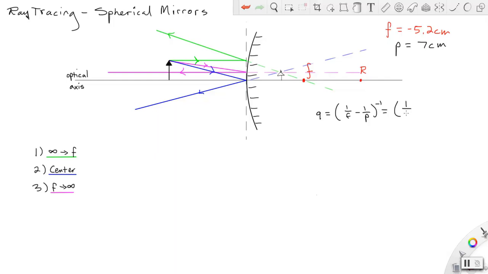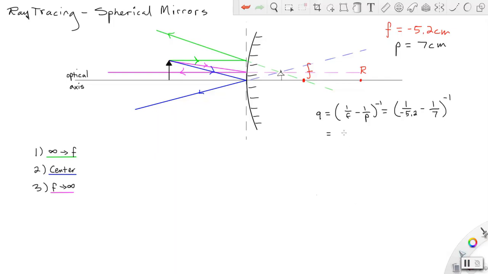So 1 over our focal length. Remember that focal length is a negative number. That's important here. And then minus 1 over 7, and then flipped. So in our calculator, remember you would put negative 5.2 flipped, minus 7 flipped, and then get your answer and flip it.